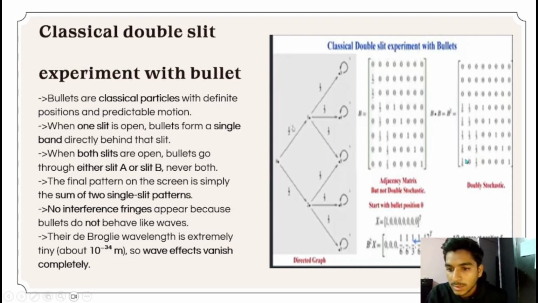Now we have the doubly stochastic matrix. It is the multiplication of the adjacency matrix with itself, and this is the stochastic matrix. It has a 1 by 3 chance at position 5.